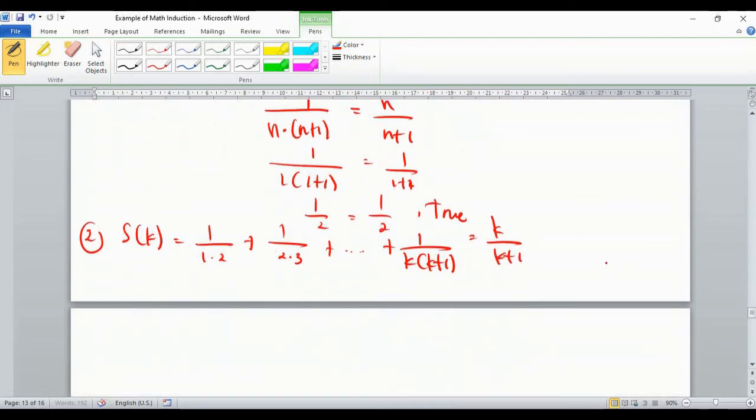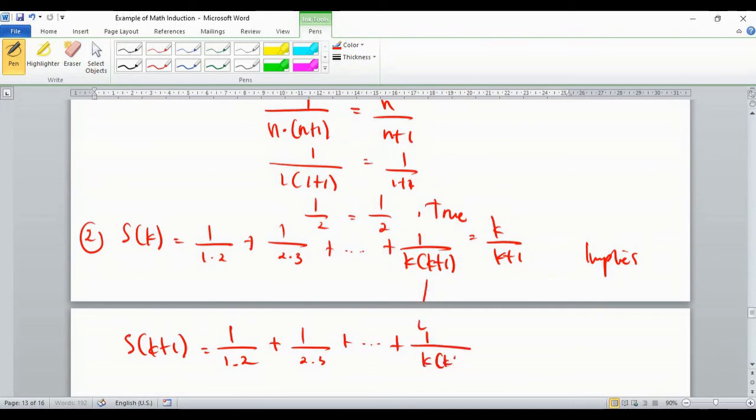So this one should imply S(k plus 1), equal to 1 over 1 times 2 plus 1 over 2 times 3 plus dot dot dot plus, this one is always there, 1 over k times (k plus 1), plus 1 over (k plus 1) times (k plus 1 plus 1), equal to (k plus 1) over (k plus 1 plus 1).